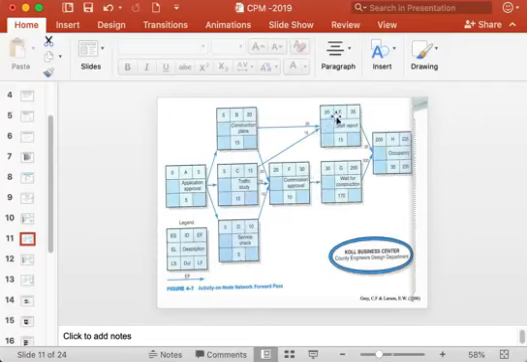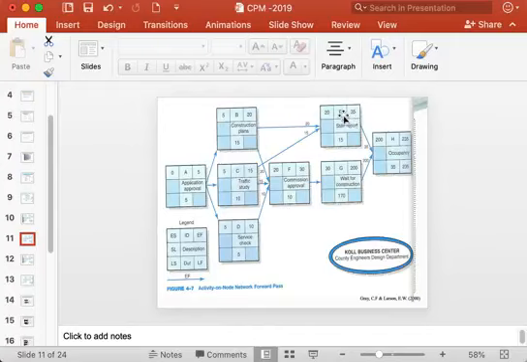Okay, so now moving on to E. Activity E cannot start before completing both activity B and C. So you can see that activity E is preceded by activity B and activity C here.